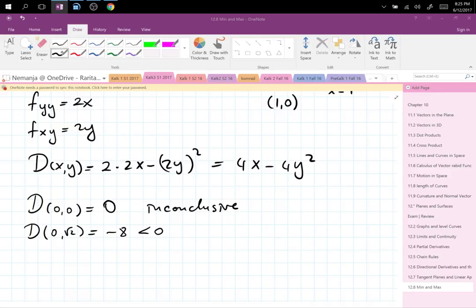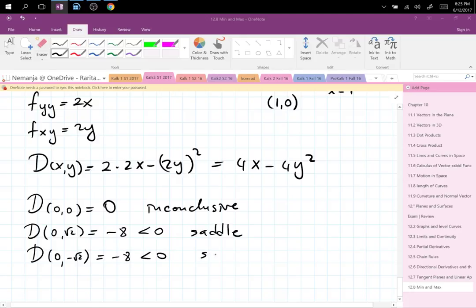So that one is a saddle. Then D at 0, negative root 2 is also negative 8, less than 0, so another saddle. And the last point, 1, 0, is going to be 4, which is larger than 0, and fxx is larger than 0, so that one is a min.